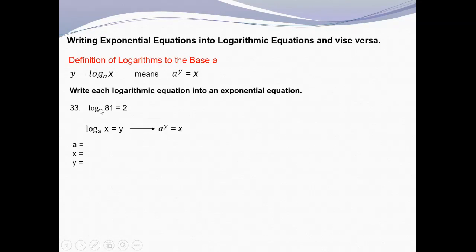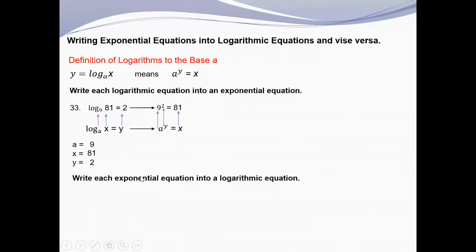My a is 9, my x is 81, and my y is 2. So a to the y is 9 squared equals 81. There's my a, the 9, my y, the 2, and my x. That's how you rewrite it.